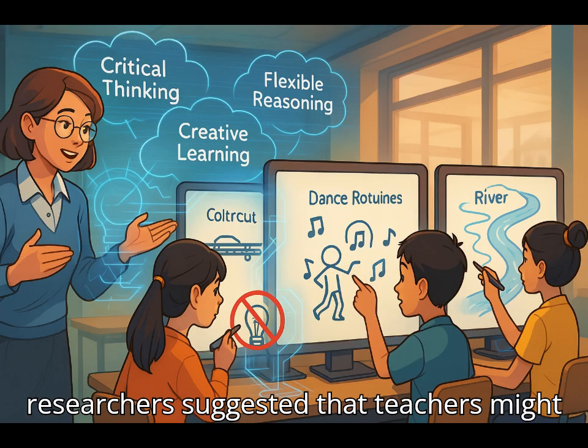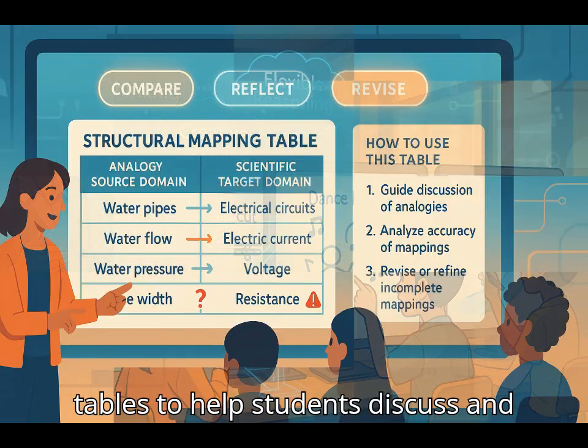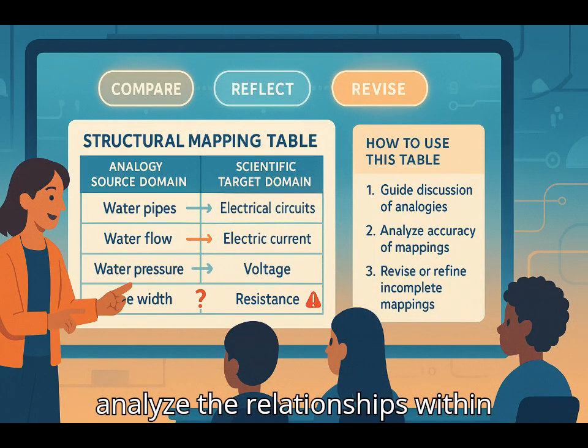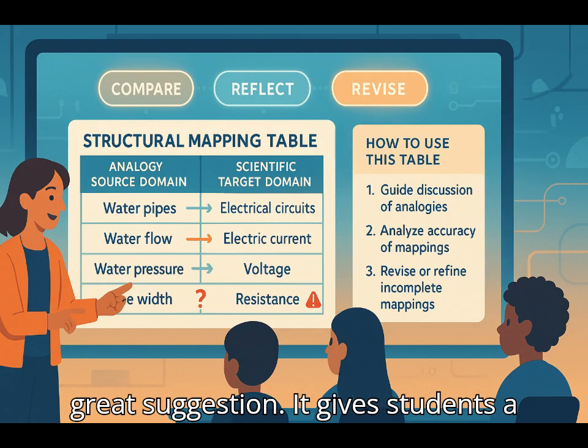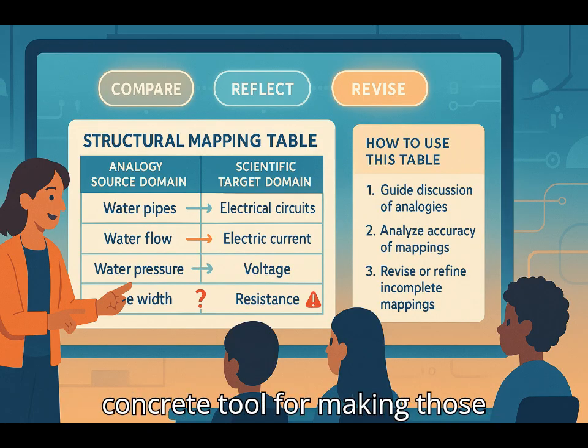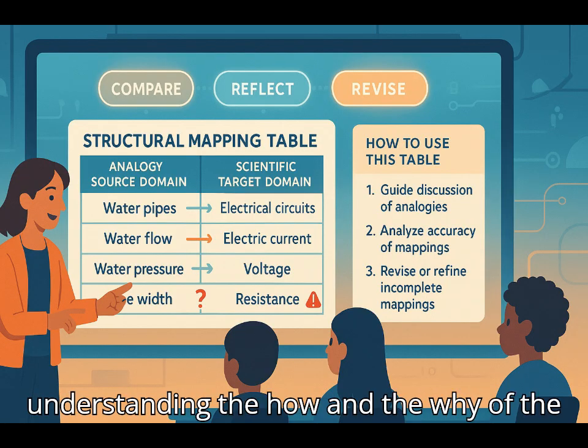Right. And the researchers suggested that teachers might want to use those structural mapping tables to help students discuss and analyze the relationships within different models, which seems like a really practical takeaway. That's a great suggestion. It gives students a concrete tool for making those connections visible and really understanding the how and the why of the analogy.